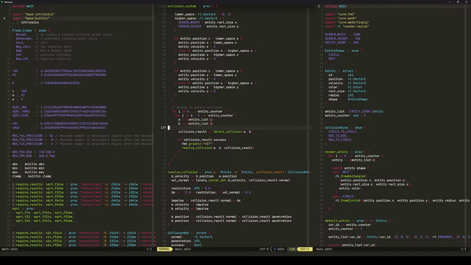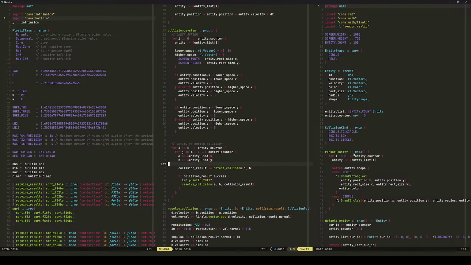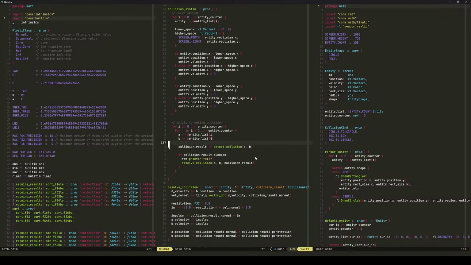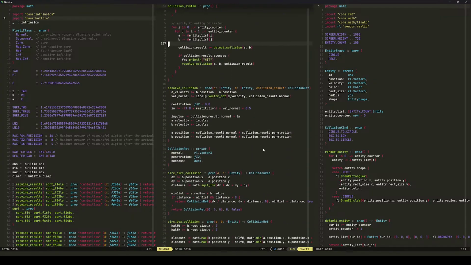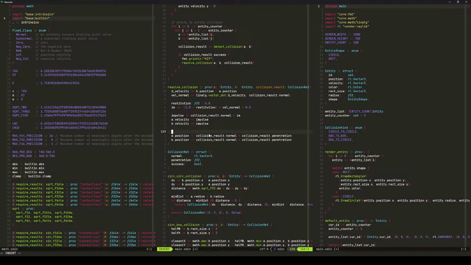Restitution is 0.5. Penetration, I don't know. Impulse. Why really want to create a new magnet?